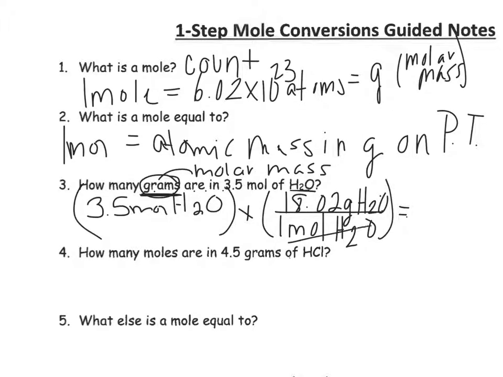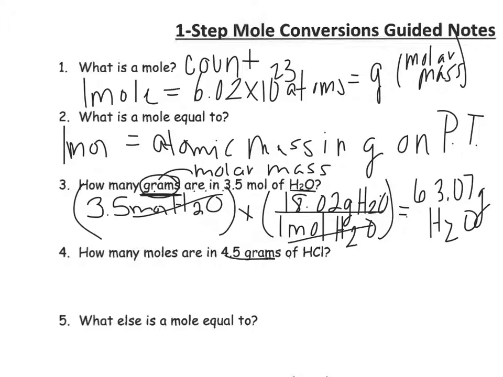You can cancel out a unit on the bottom for the unit on top, and then I just multiply across. 3.5 times 18.02 is 63.07 grams of water. So in 3.5 moles of water, I have 63.07 grams of water.